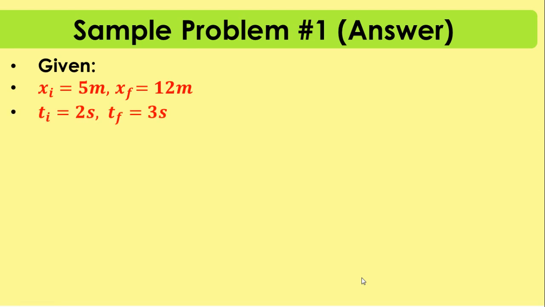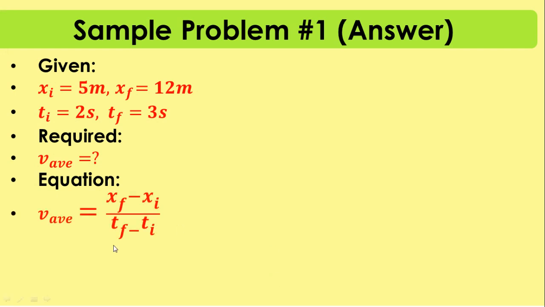Now, for the time, the initial time is 2 seconds and for the final time, we have 3 seconds. Now, the required, ang hinahanap po natin doon is the average velocity. Now, equation, this is just the same with the formula. So, we just need to copy the formula for the average velocity. So, it is given as final position minus initial position over final time minus initial time.